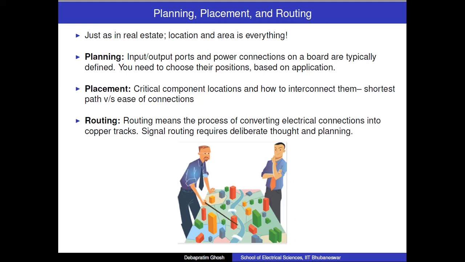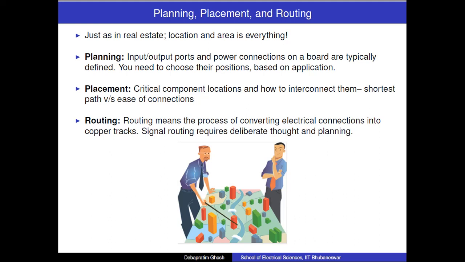For example, if you have an input to the PCB which has to be connected on the edge of the PCB, but that input signal will go to an amplifier which is kept somewhere in the center of the PCB, and the amplifier's position cannot be changed because all the other connections are the shortest path. In that case, you have to make a long track from the edge to the amplifier input for the signal, and in that case you have to be extra careful.